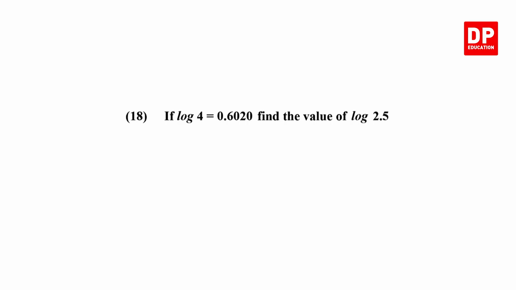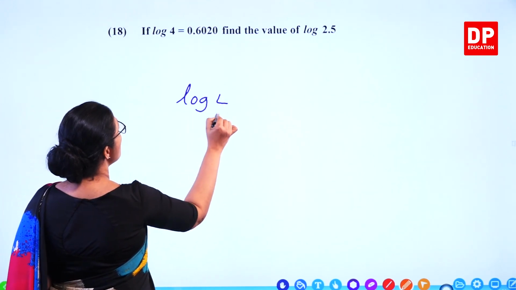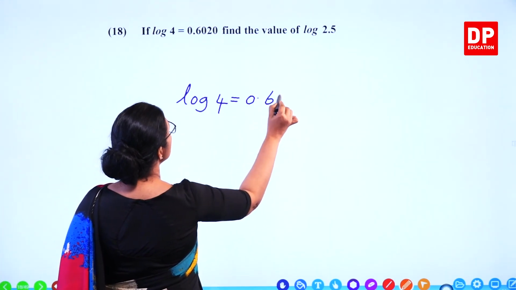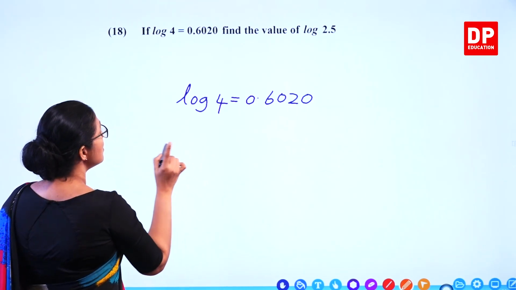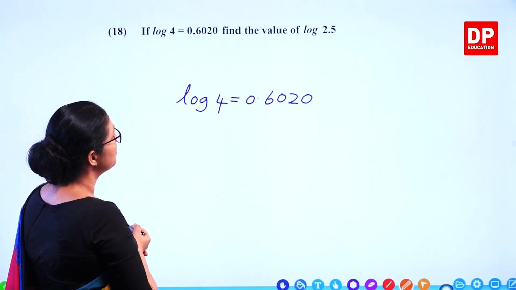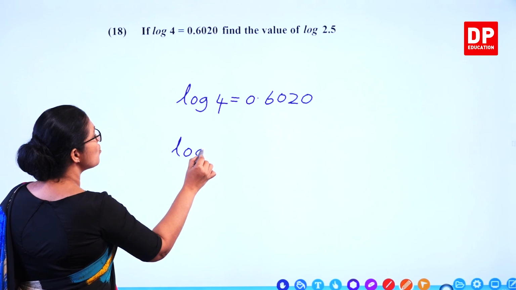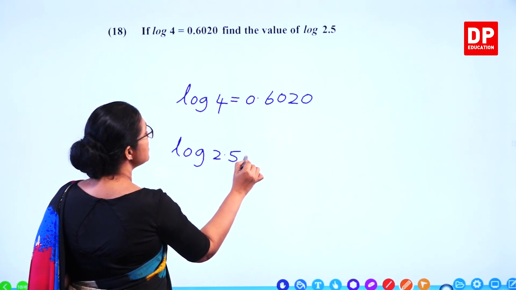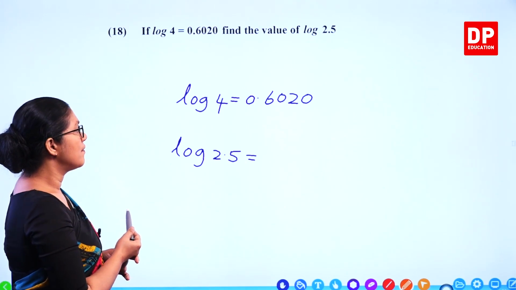Question number 18. Log 4 value is equal to 0.6020. Find the value of log 2.5. So how can we write log 2.5 in terms of log 4? How do you get 2.5?